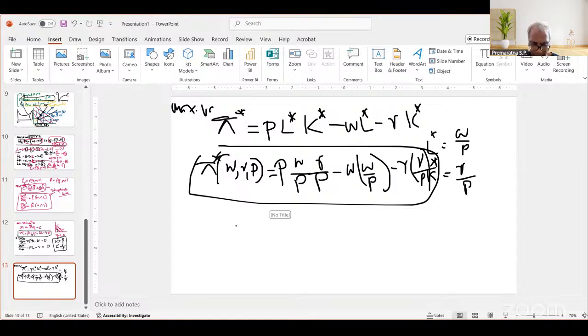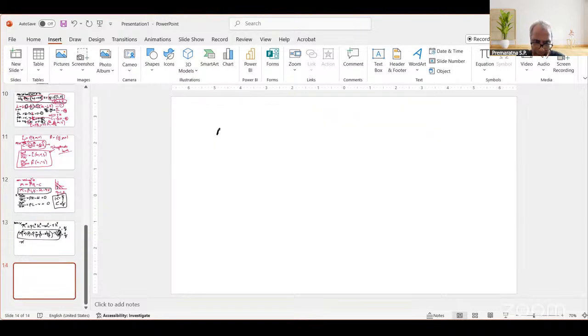With that maximum profit function, if you differentiate with respect to parameters, what are the parameters? You get the W, R, and P. The maximum profit function, when you differentiate with respect to W, you get the labor input demand function.